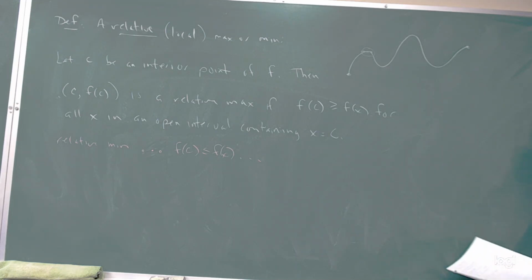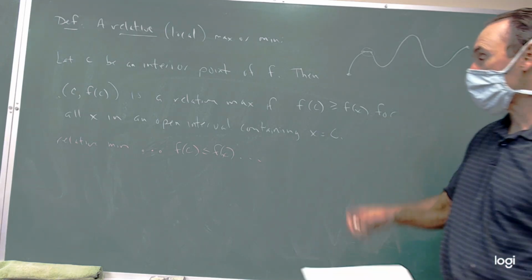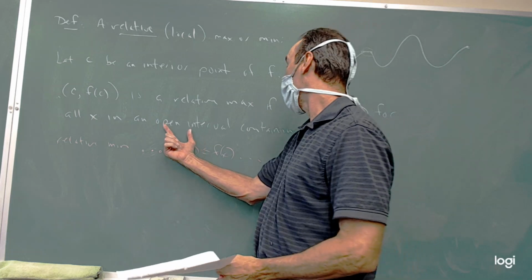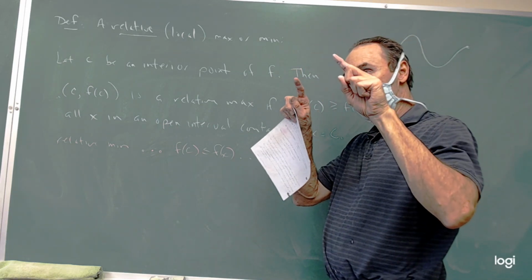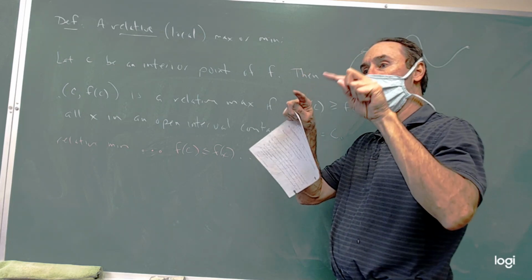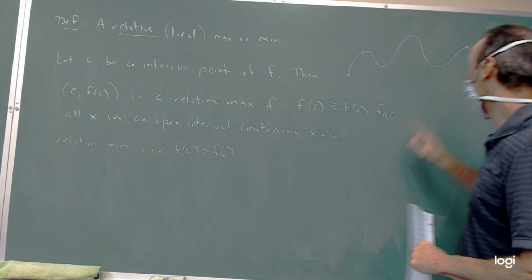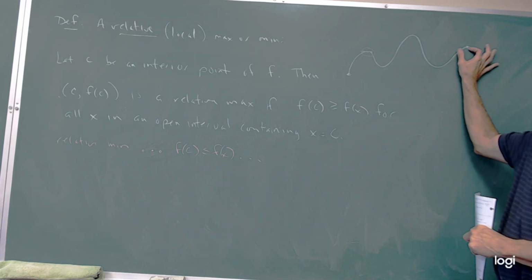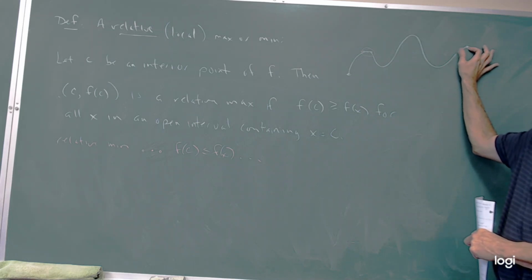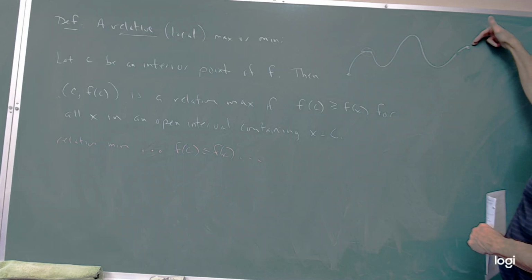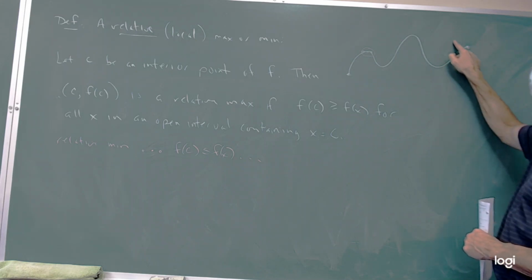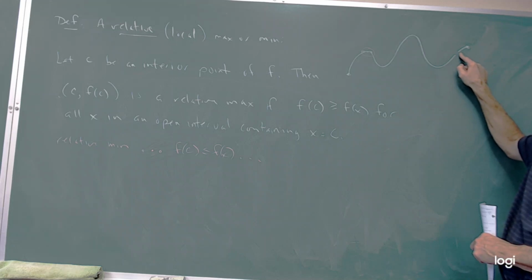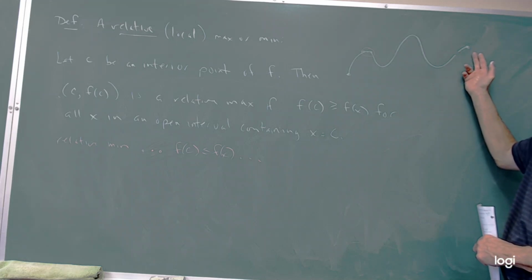And so then, instead of an open interval containing C, which in mathematical terms means you have to have x values on either side of it, you just change it to an open interval on one side. Because this is the largest y value in the region on the left where it's defined, it qualifies as a relative maximum.